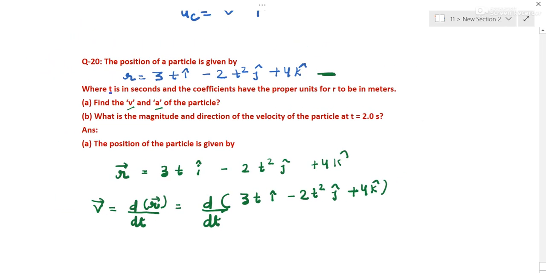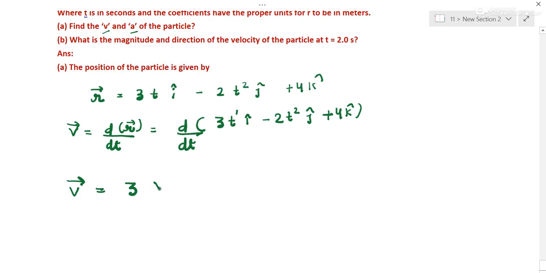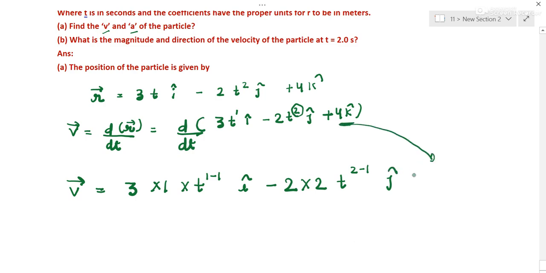So the velocity vector will be equal to, see how we do differentiation. 3 as it is, the power comes forward, so 1 will come forward, 1 power will be reduced, so 3 to the power 1 minus 1 will be 0. i cap as it is, the minus 2 as it is, then the power which is 2 will come forward, 1 power will be reduced, and j cap as it is. Here we have no power of t, so its differentiation will be 0.